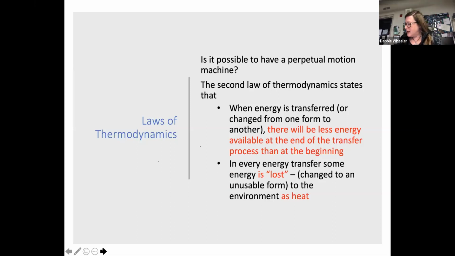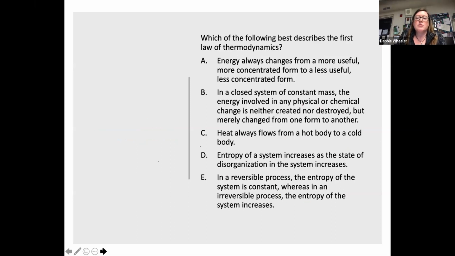Okay, so let's apply these two laws to a question we can get polled on. Which of the following best describes the first law of thermodynamics? Is it A, energy always changes from a more useful, more concentrated form to a less useful, less concentrated form?